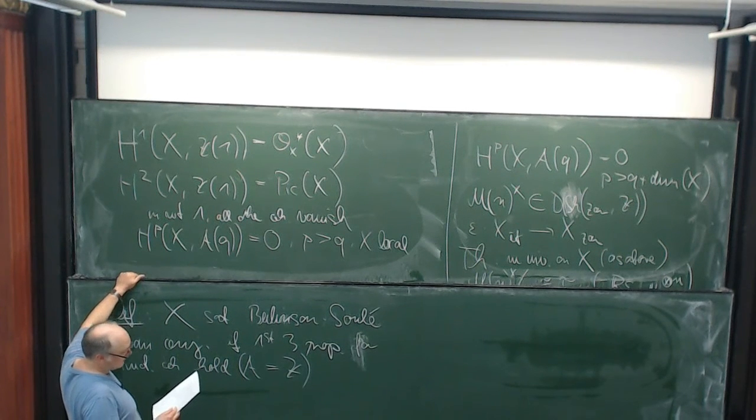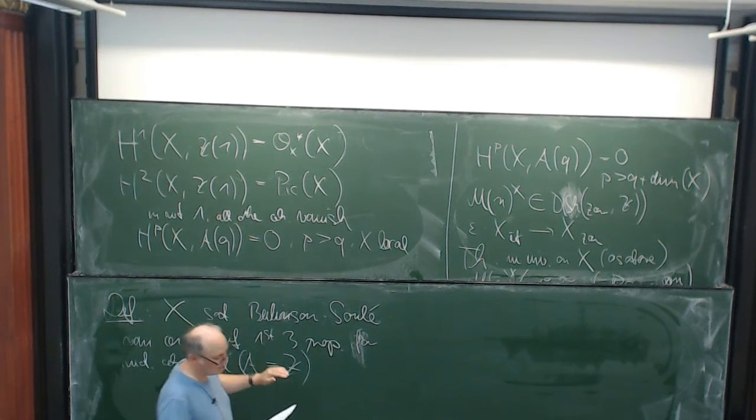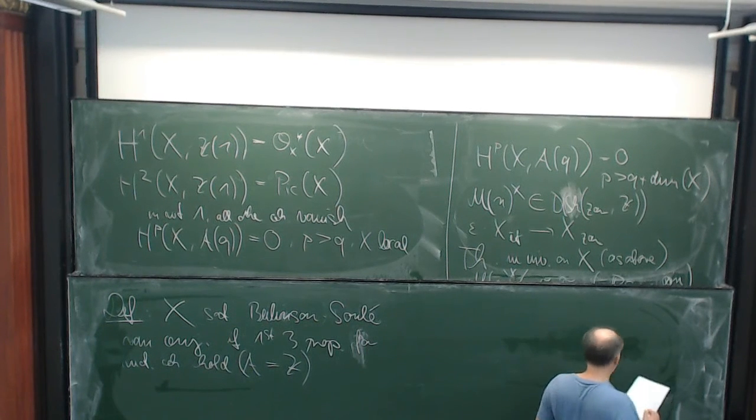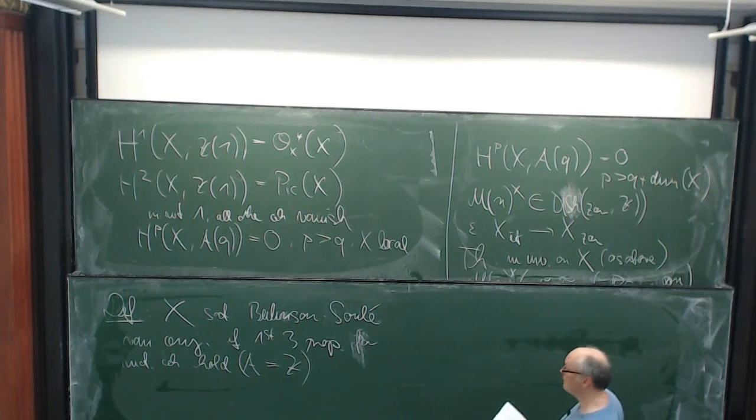So this means the negative weight cohomology vanishes, and the description of the cohomology in weight 0.